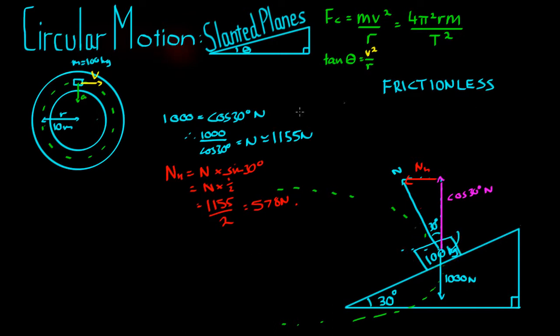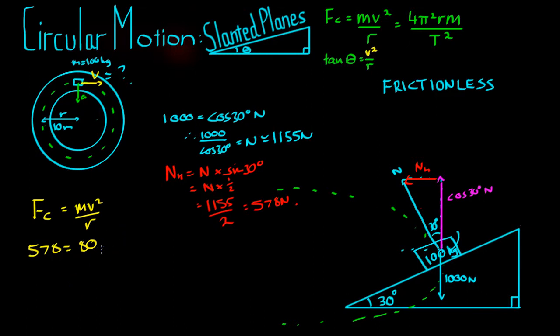So now we know, hey, what was the original goal? To find the velocity. We know that Fc must equal mv squared on r. So 578 has to equal 80 times v squared on r, which we said was 10. Therefore, v squared is equal to, whoops, hang on, why have I said mass is 80 here?